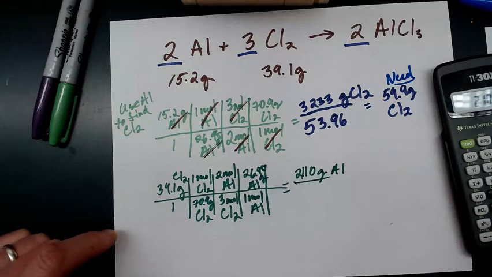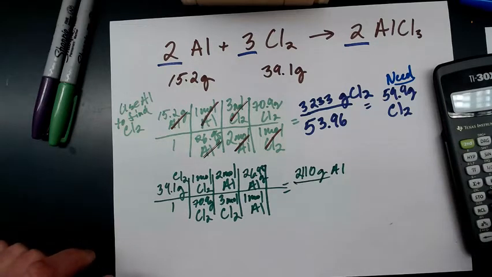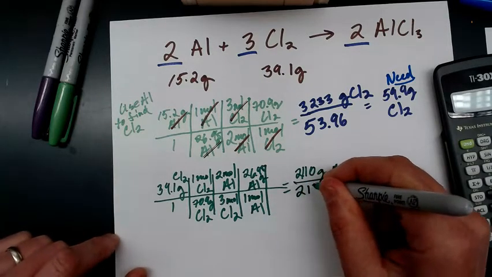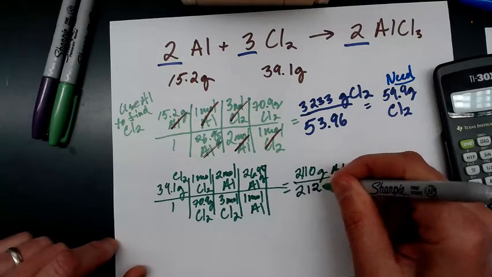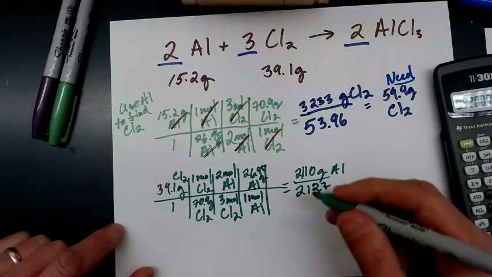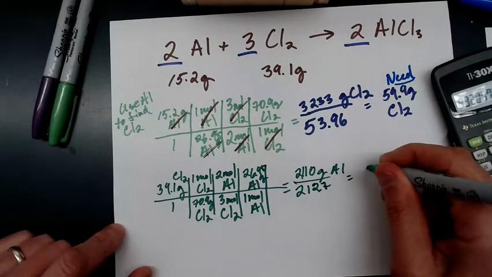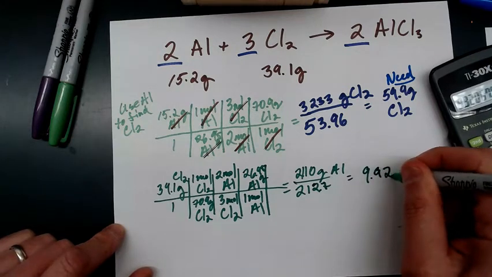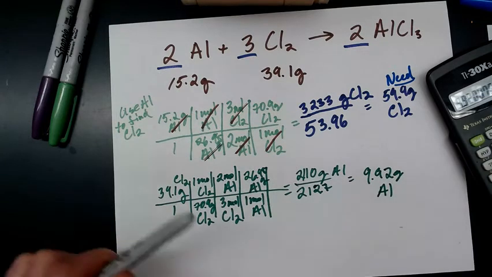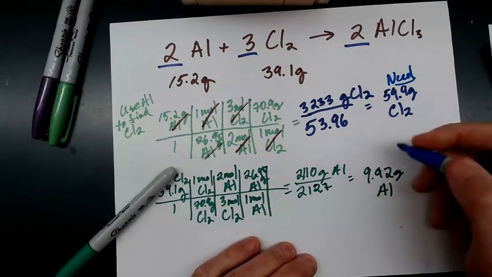And on the bottom, 70.9 times my 3 is 212.7. I'm now going to divide 2110 by that 212.7, and this tells me that I'm going to need 9.92 grams of aluminum. Well, that's great because, and watch what I write up here again, I'm going to write need.